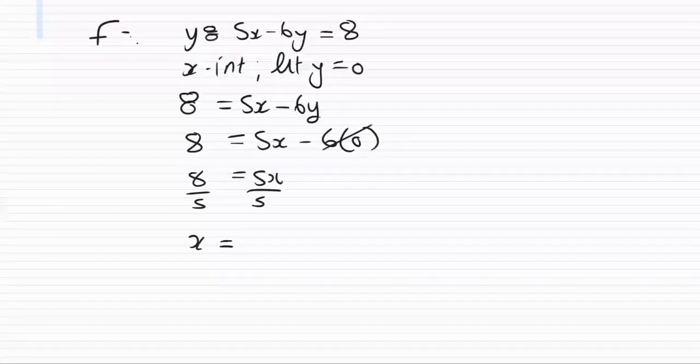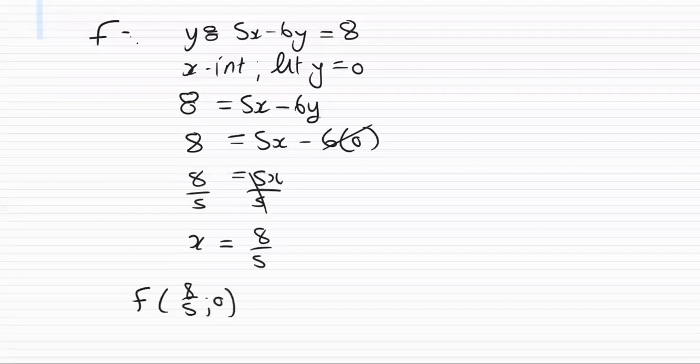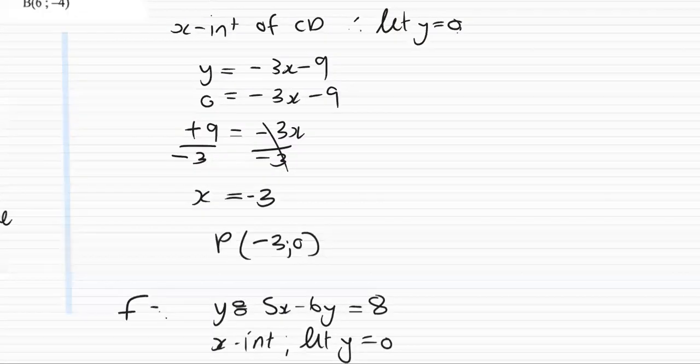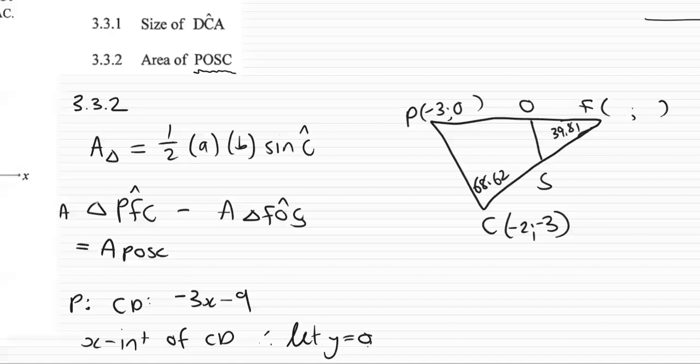X is the subject. Those 5's cancel out, and x equals to 8 over 5. That means our point F is 8 over 5, 0. We've solved that. We have all the points that we need. Now we can continue to getting the areas that we wanted.